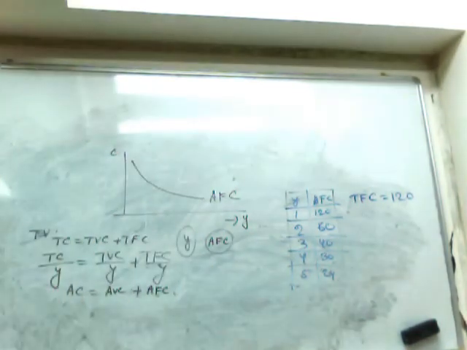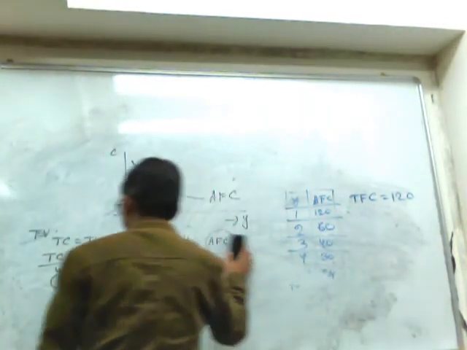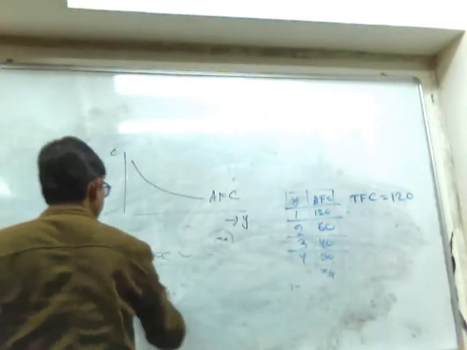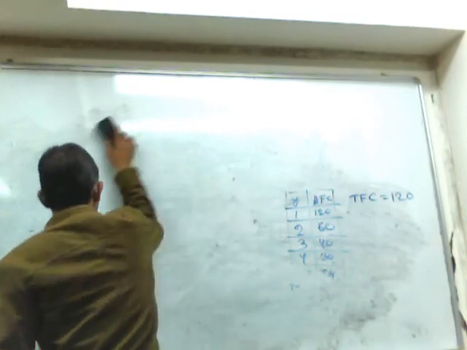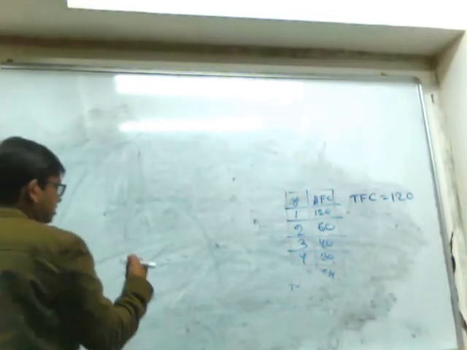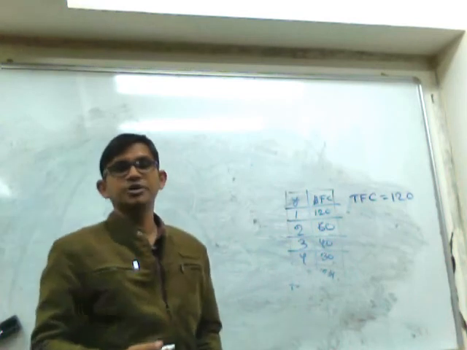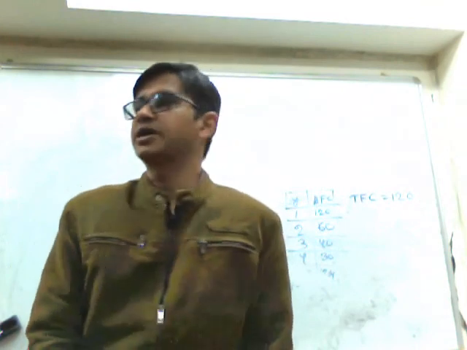And next is the concept of average variable cost. If we consider the average variable cost curve, it can also be derived with the help of the law of variable proportion by using the average productivity of labor curve.